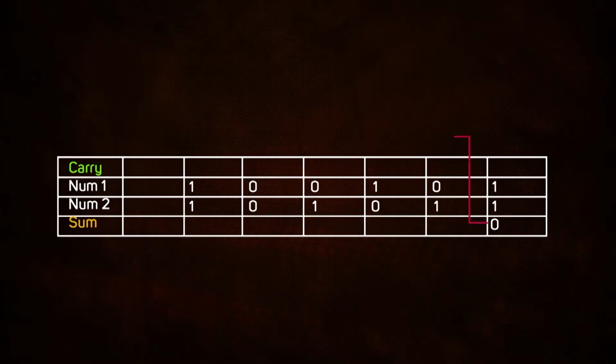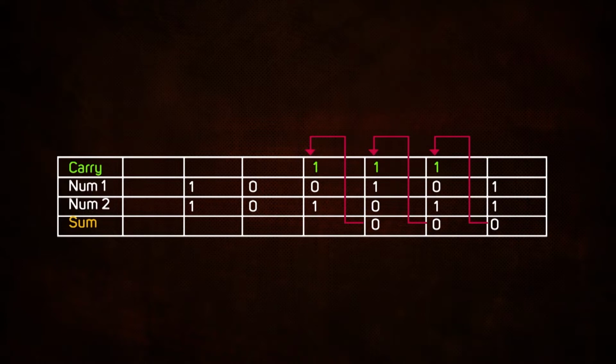This carry is forwarded to the next column to the left. While adding the second column from the right, 1, 0, 1 are added to get sum 0 and carry 1. While adding the third column from the right, 1, 1, 0 are added to get sum 0 and carry 1.